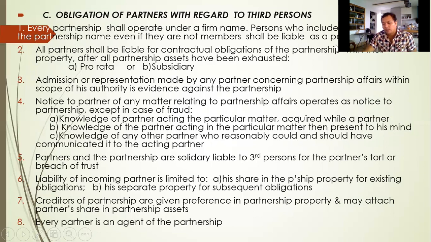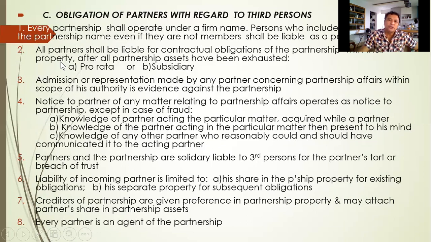Yeah? So if you include your name in the partnership and you are not a partner, if ever that partnership will experience losses, cannot pay its debts, then you will be made liable from your personal assets.